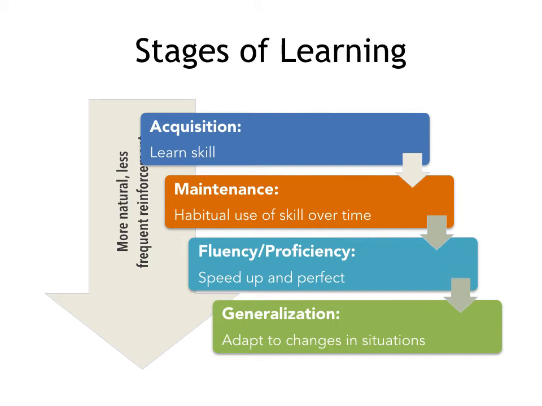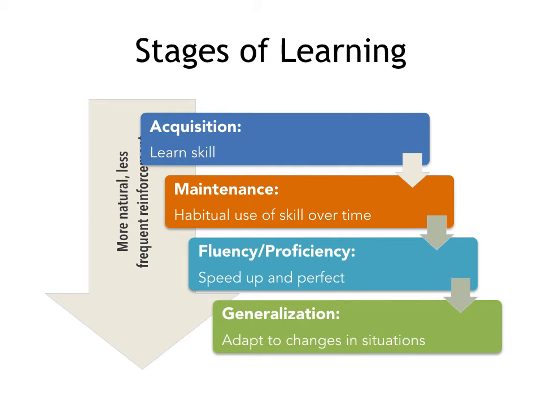Then in the maintenance stage, the student will carry out the skill routinely before lunch or after use of the restroom or after artwork, etc., with less intrusive teacher prompts or assistance. So that's maintenance. With those 2 stages, the student will perform the core steps of the skill more fluently or proficiently. That's fluency and proficiency.